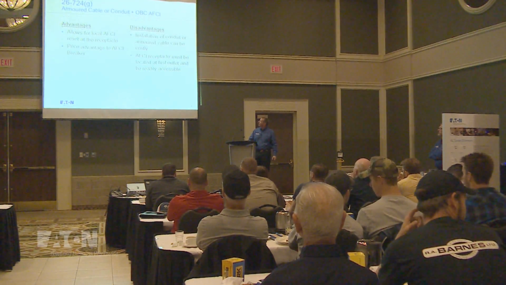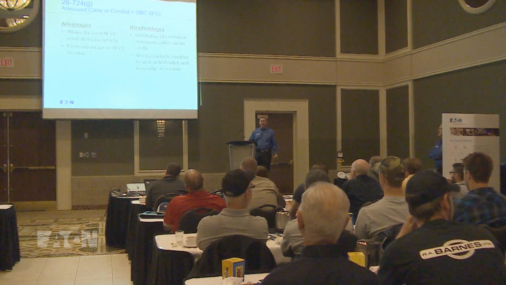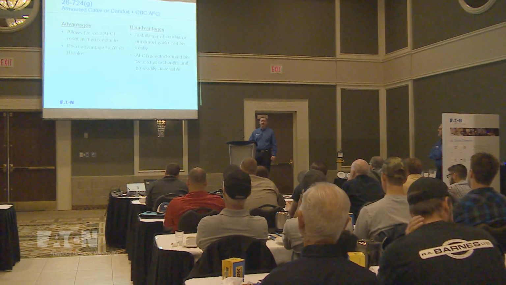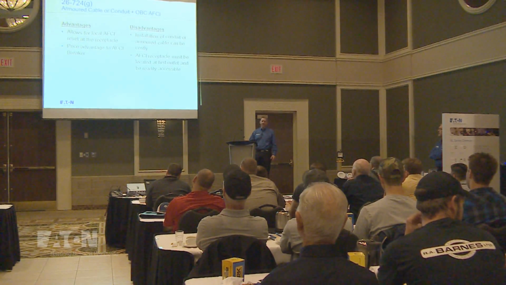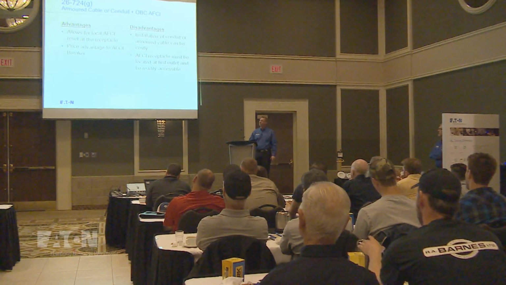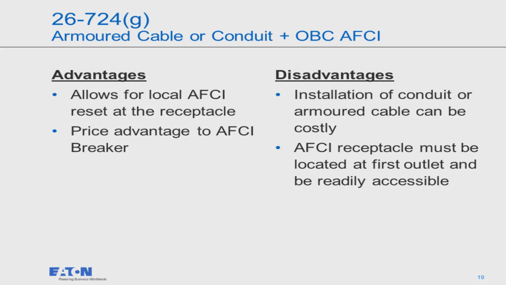So the advantage of that is it allows for a local AFCI reset, right? So it's just like the GFCI, there's the button if it trips. You don't have to run down to the load center to reset it. It's a local point of reset. There's a price advantage of an AFCI receptacle versus a thermal mag breaker combination AFCI. There's more stuff in the breaker, right?